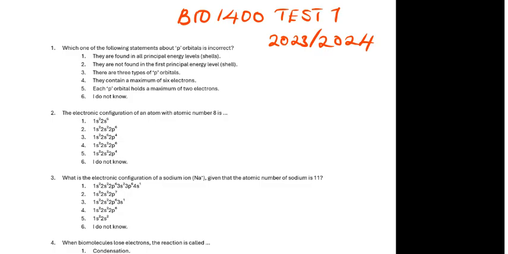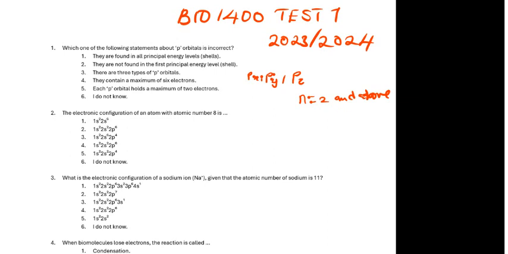So we have px, py, and pz. These are the orbitals, and the p orbitals are found starting from n equal to 2 and above. That's where you find the p orbitals.